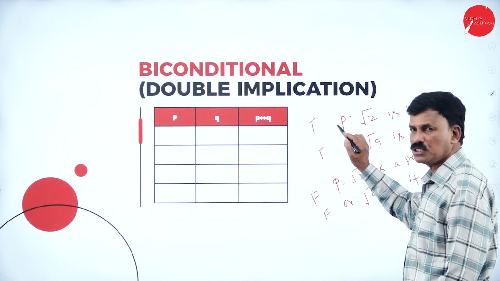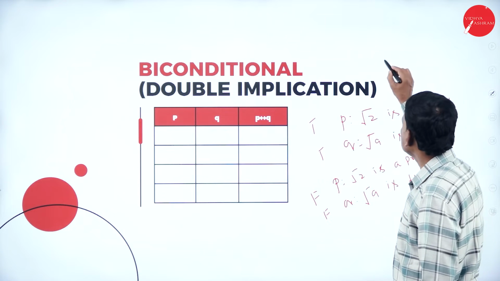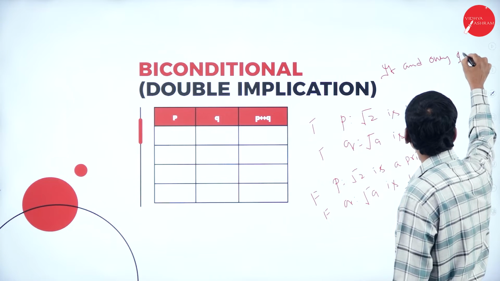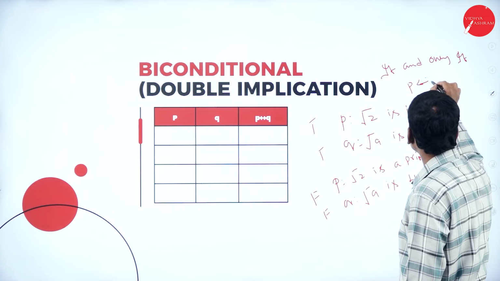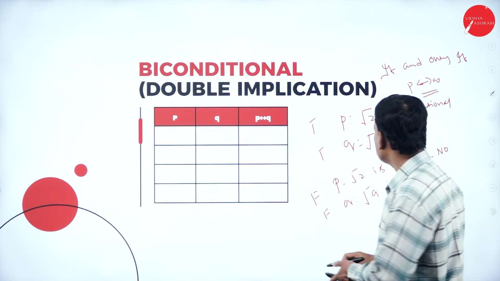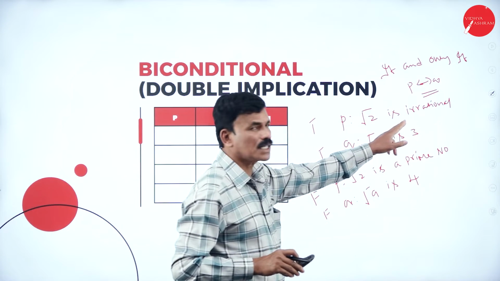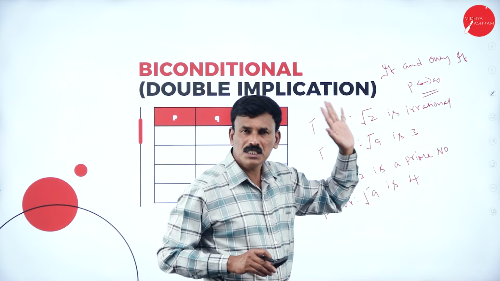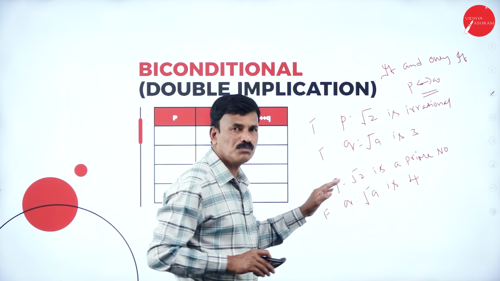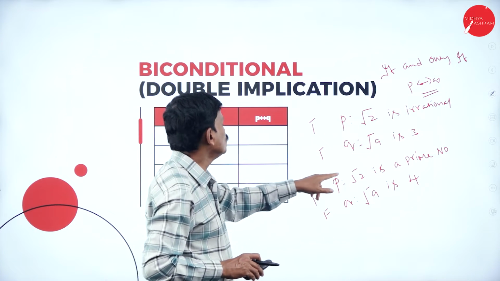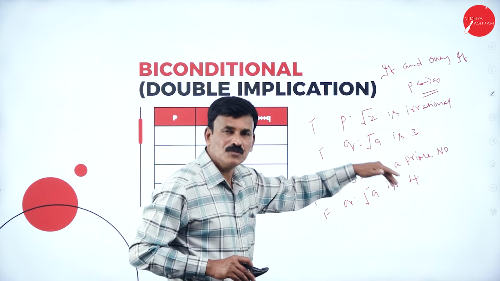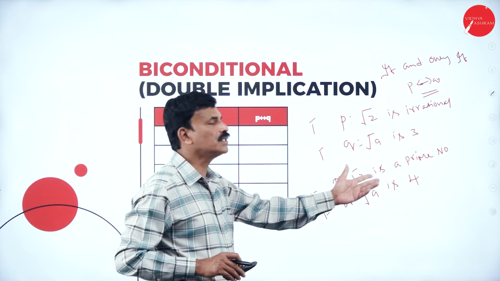That is P if and only if Q. That is, root 2 is irrational if and only if root 9 is equal to 3 is true. In the second statement, both the statements are false here: root 2 is a prime number if and only if root 9 is 4.